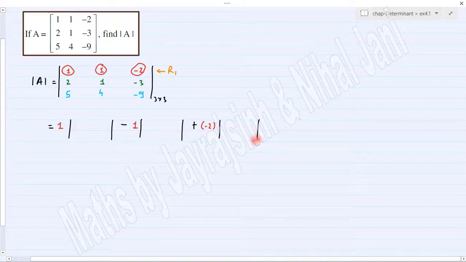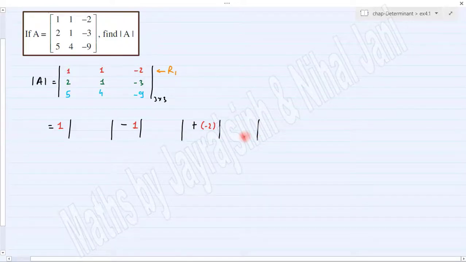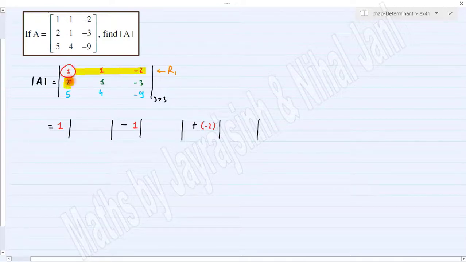Now it's time to fill the 2 cross 2 determinants. Let's fill your first determinant, which should be the minor of the first element. So we have to ignore its first row and first column. Your determinant will be 1 minus 3, 4 minus 9.